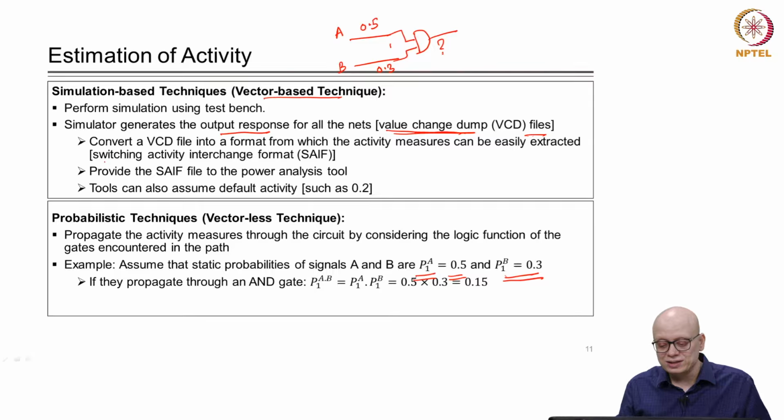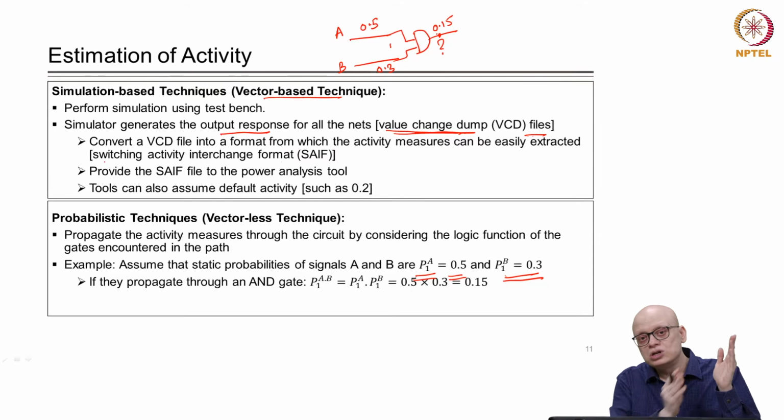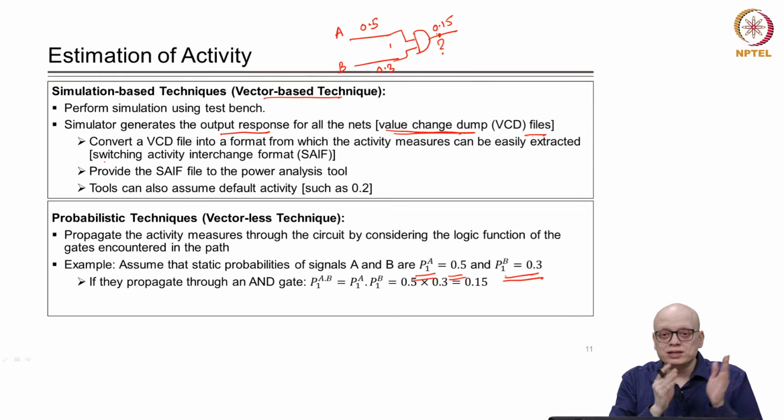We can easily compute that the output will be 1 only when both the inputs are 1. Therefore, we multiply 0.5 and 0.3, and we get 0.15. That is the probability of being 1 at the output of the AND gate. So, if we know the probability of the signals at the input, using the logical structure we can compute the probability of being 1 at the output of the gate.